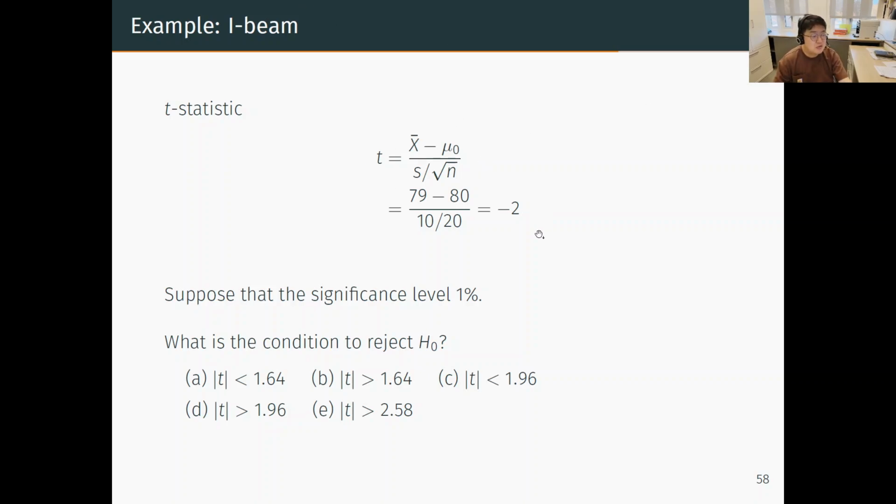To make that decision, we are going to use the significance level of 1%, right? 1% is our standard. Based on this significance level, find the rejection rule, the decision rule to reject the null hypothesis.